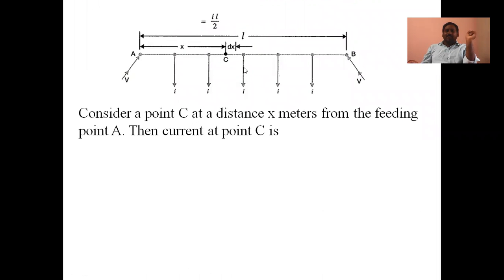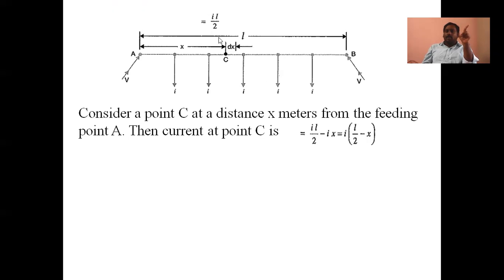Consider a point C at a distance of x meters from the feeding point A. Then the current at point C, as we already discussed in the one end fed uniformly distributed load case, was iL minus ix. But here there are two ends, so we consider half of the value. The current at point C is i into L by 2 minus ix, because point C is at x meters distance.